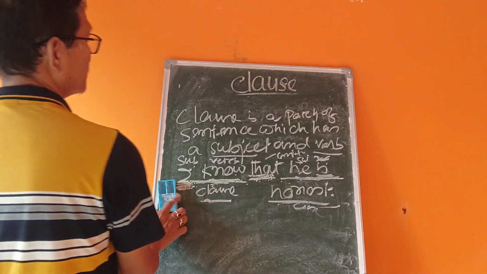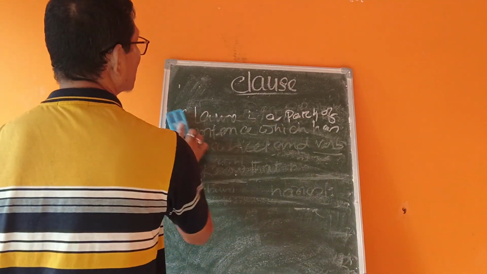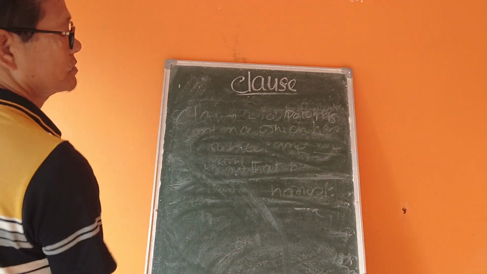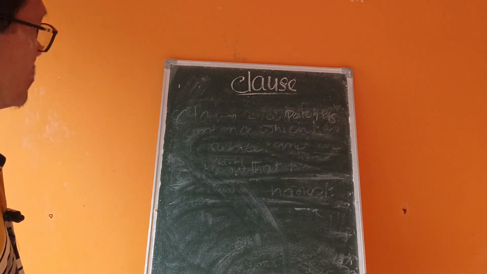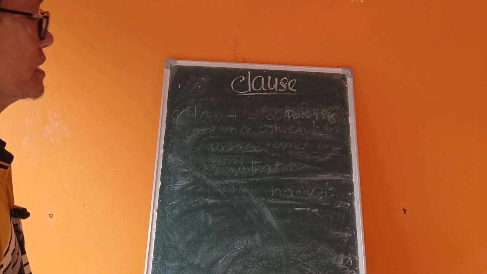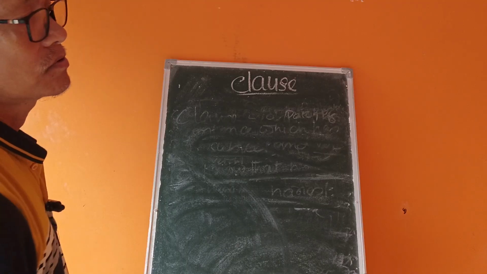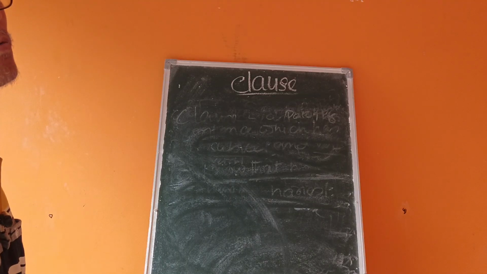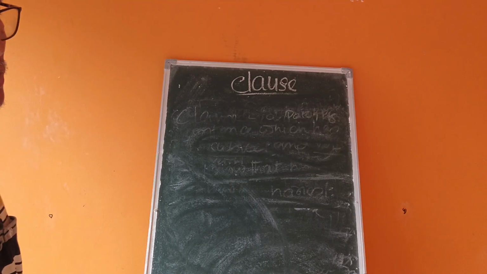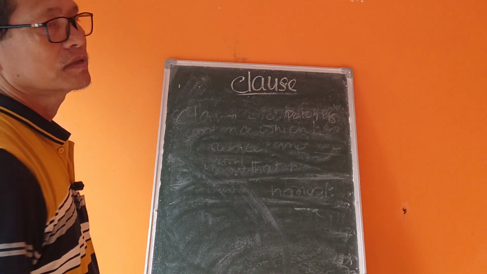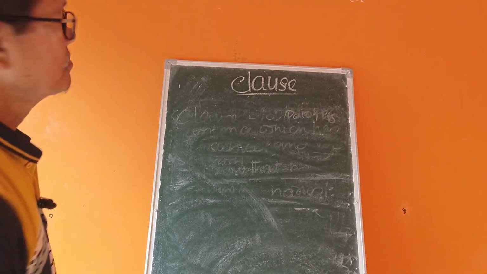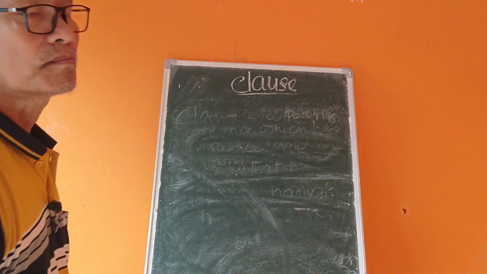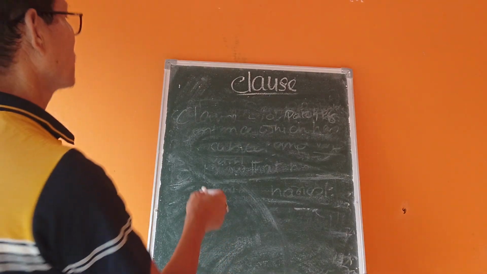Now we discussed what a clause is, the definition of clause with an example. Now we try to know how many kinds of clause there are. We know there are three types of clause.